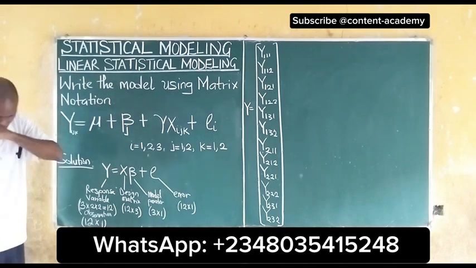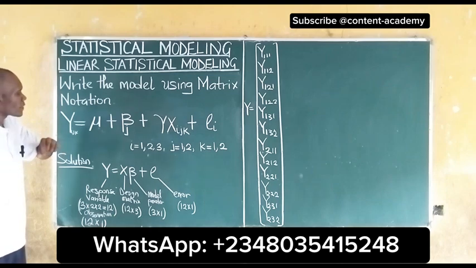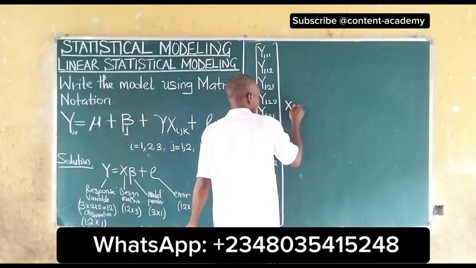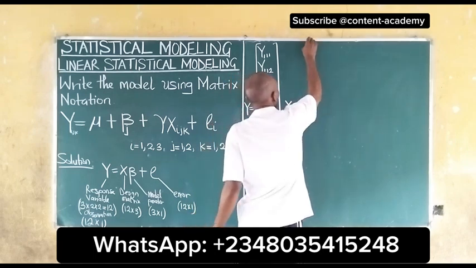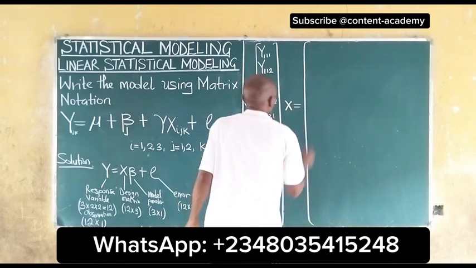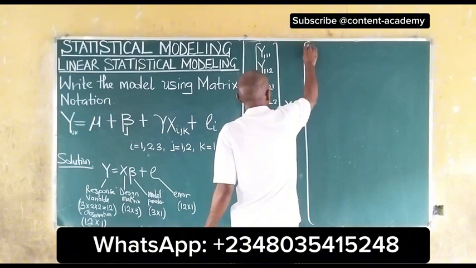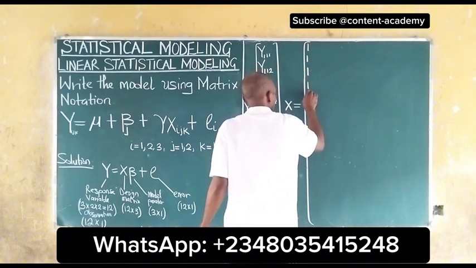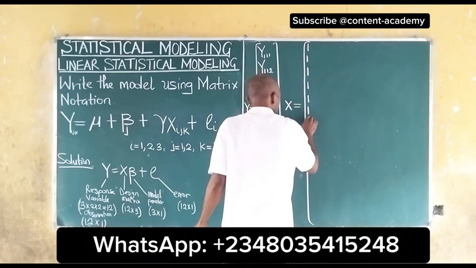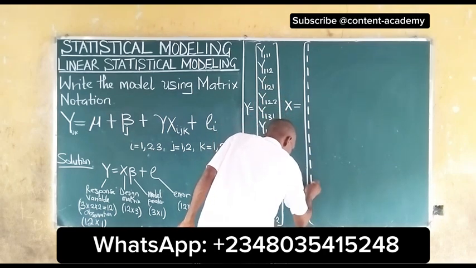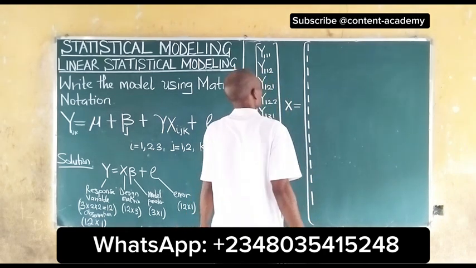Now, the next thing to do, since we have this as our constant, our x is equal to, the first one is the constant: 1, 1, 1, 1, 1, 1, 1, 1, 1, 1, 1, and 1.